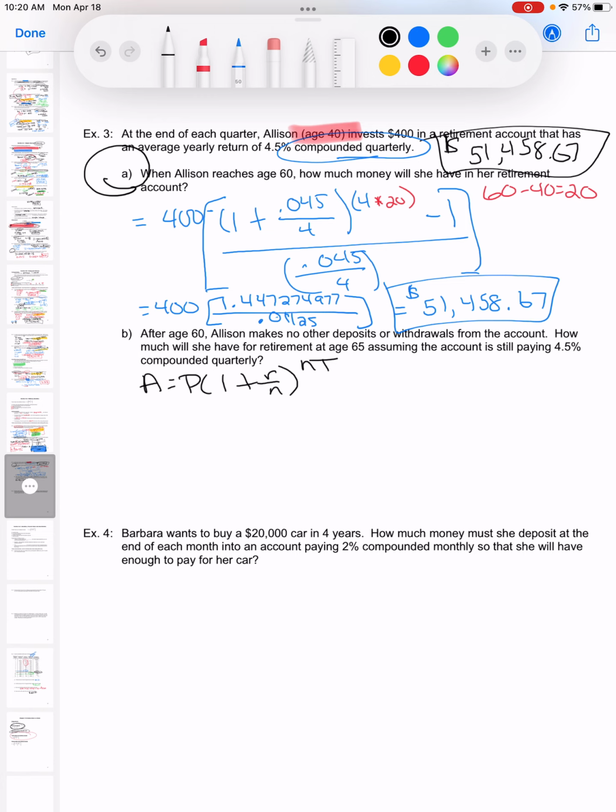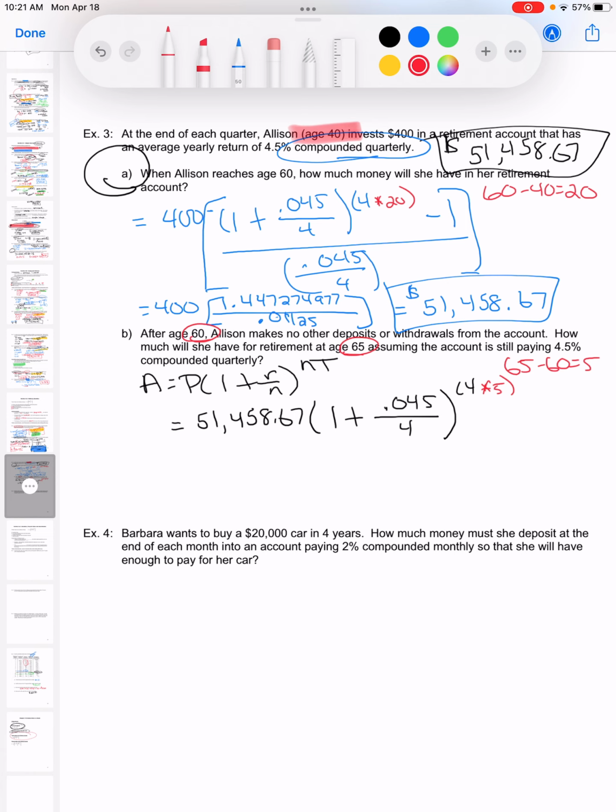The reason I'm switching again is because I'm not depositing each quarter now. Instead, I'm just going to take this one lump sum. That's going to be my principal. My interest rate's going to stay the same, and now we're just compounding quarterly. So I'm still growing interest, and we're going from age 60 to 65. So that's 5 years.